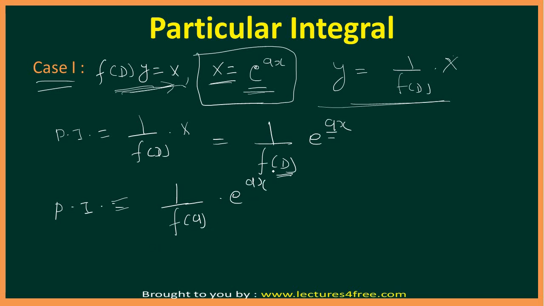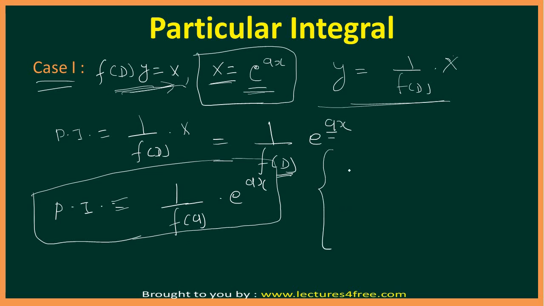Here you get the particular integral of that equation. This is under the condition that f(a) should not be equal to 0, because if f(a) is 0, then 1 upon 0 means the particular integral will be infinite, which is not the right case. So f(a) should not be 0.